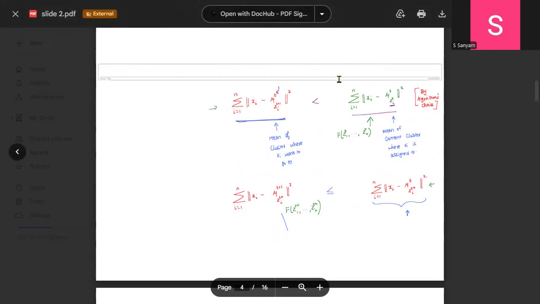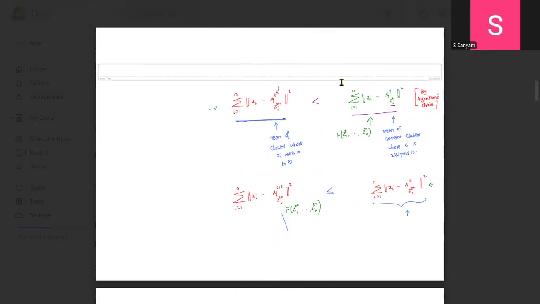Basically, what we did, I have explained that with every reassignment, the objective function at the further step will be less than the objective function at the earlier step.